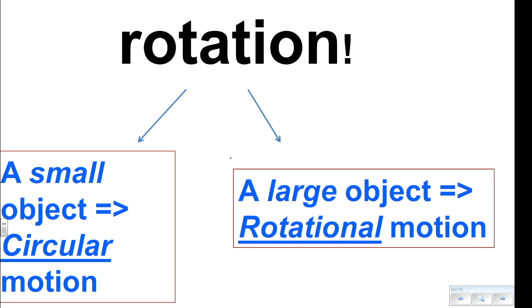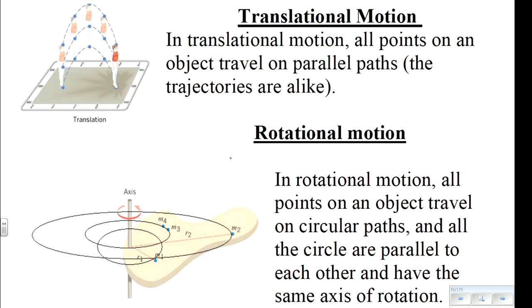So basically, a rotational motion is a combination of many individual circular motions. And what's good about rotational motion, all parts of this turntable, even if they travel different distances and may have different speeds, they all make the same angular displacement. They all have the same angular velocity, angular acceleration. That's why those variables, angular variables, are very important.